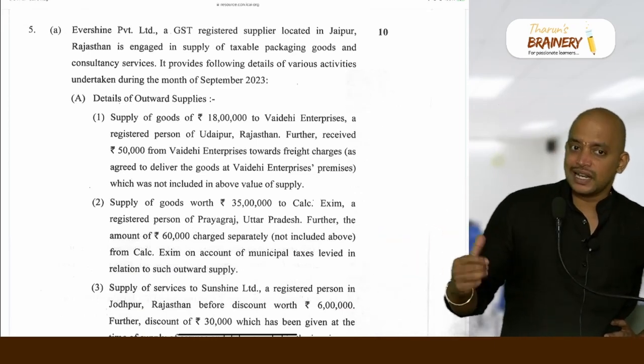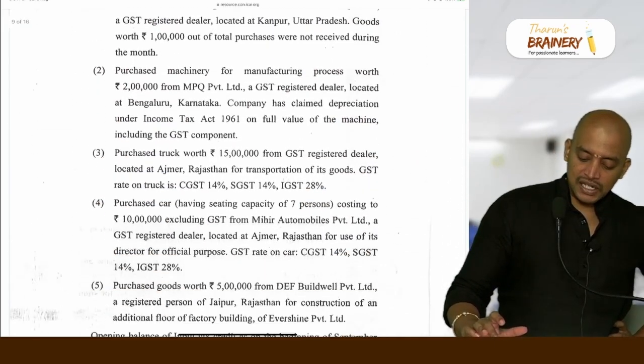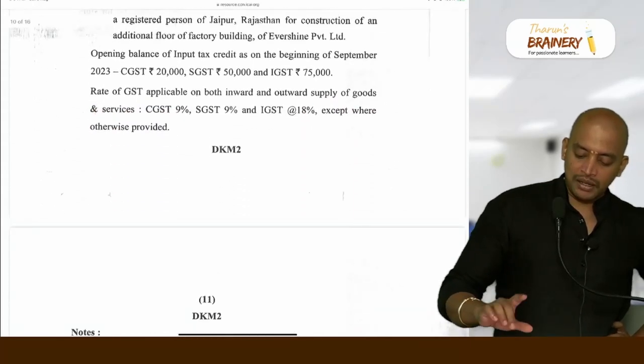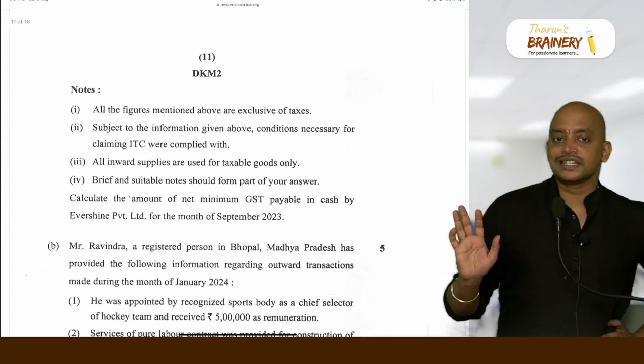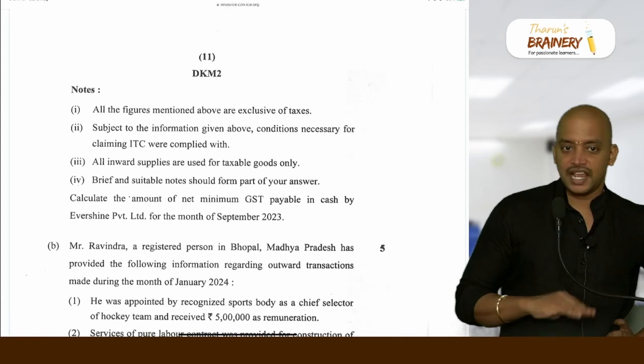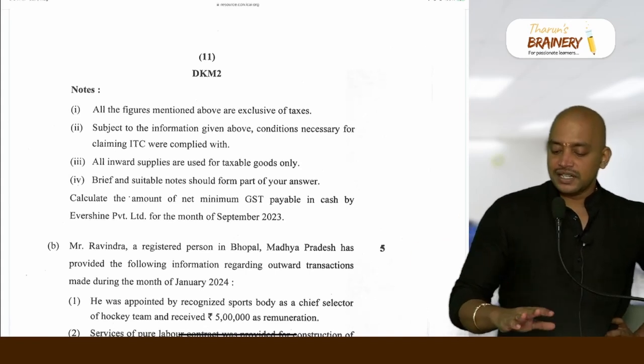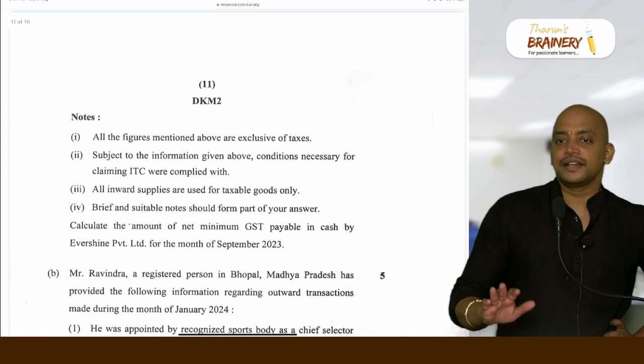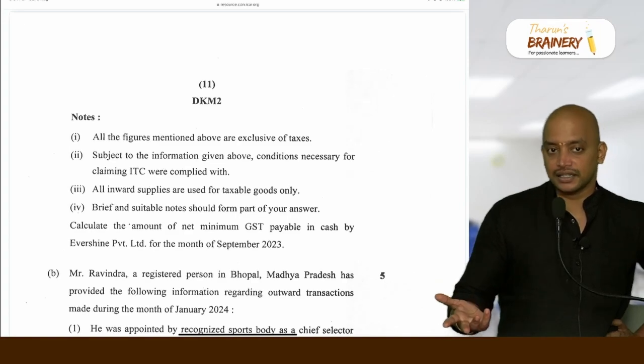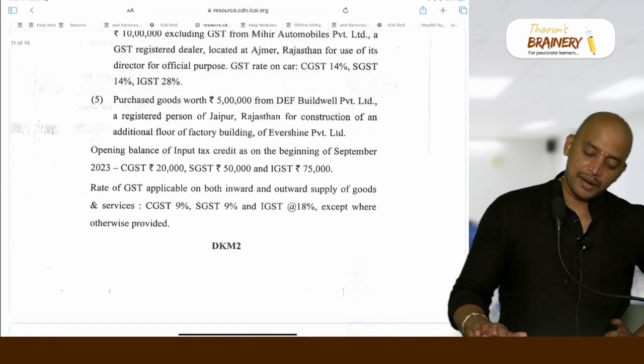Outward supplies will be there, inward supplies will be there, and opening balance, compute the net GST payable. Same template. Previously, up to last attempt, they were asking for 8 marks. Now they started asking for 10 marks. Okay, but the similar type of questions only.